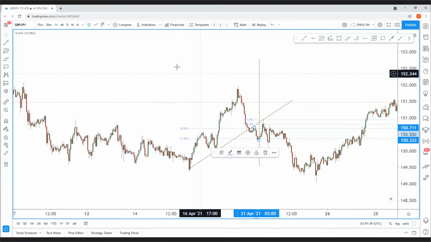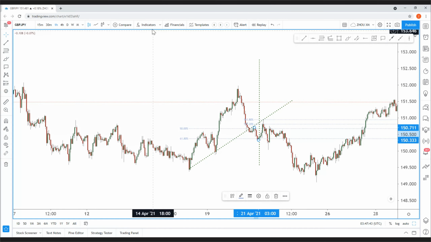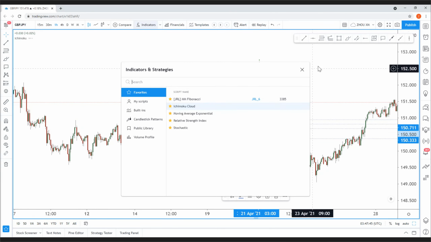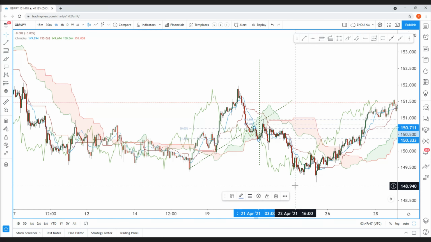However, I wouldn't know. So this is where the Ichimoku cloud comes in, right? I can open up my Ichimoku cloud, and you see here the Ichimoku cloud is actually already helping you to determine your entry. You can see the tenkan span as well as our leading span A is very near, right?